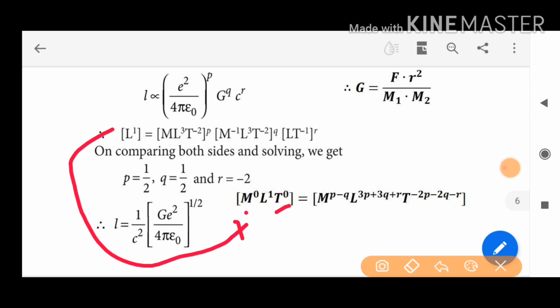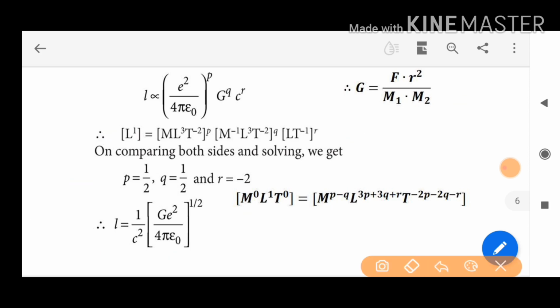Separate all the M, L, T and compare the powers of M on this side to this side. So p minus q equals 0.